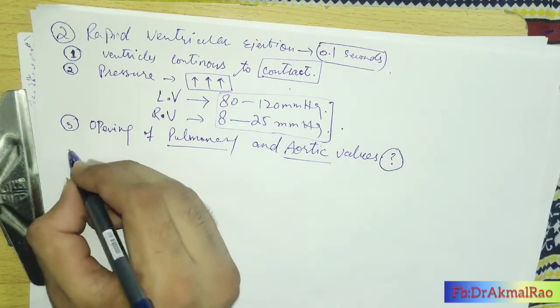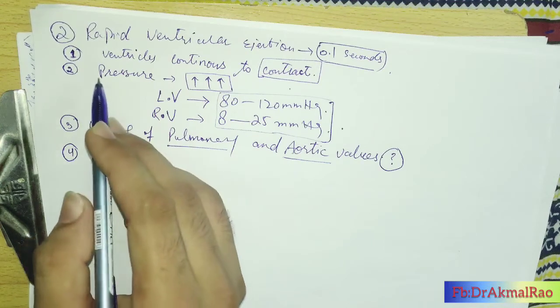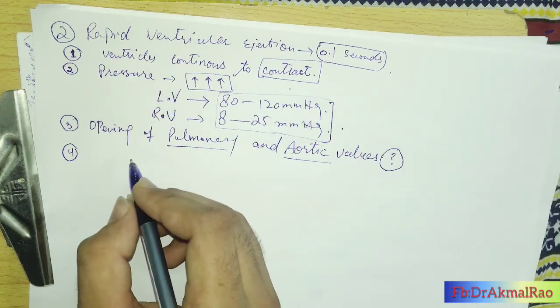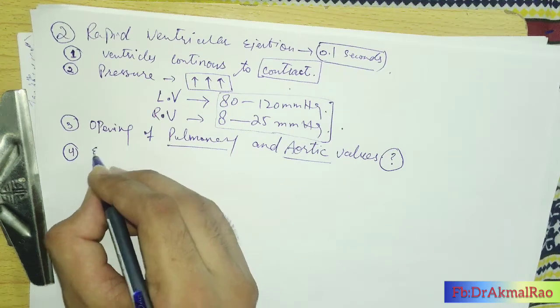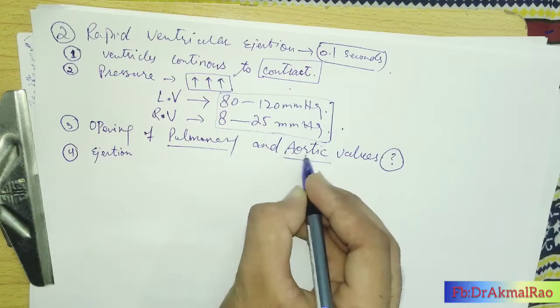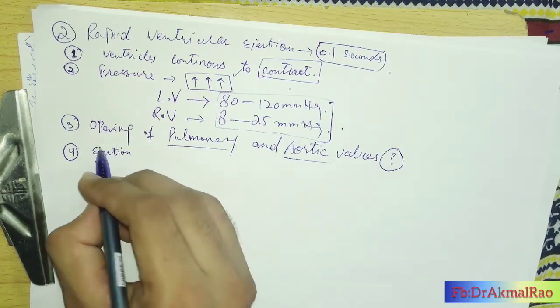And the fourth thing that is going to occur in this subphase is ejection, because the valves are open, so the blood will eject into these great vessels.